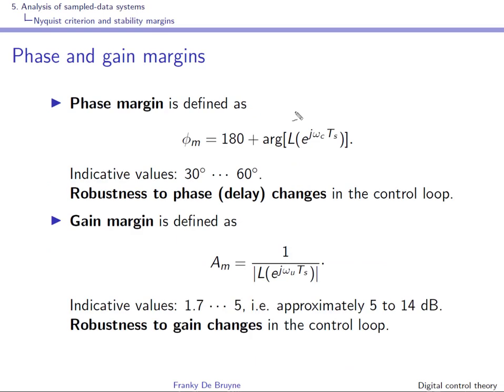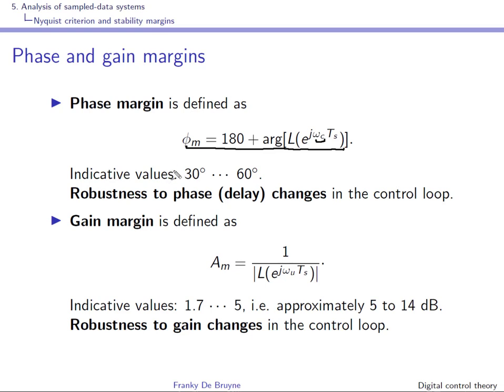Once you have determined the gain crossover frequency, you have to determine how much phase margin you have before you actually reach the critical point, and this phase margin is obtained by this formula over here.